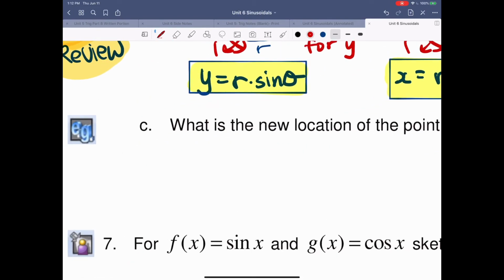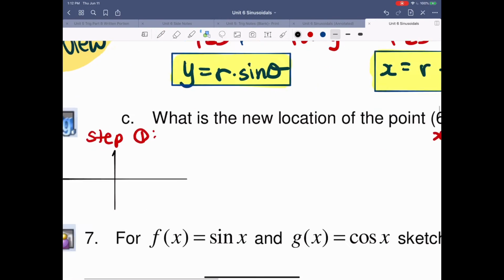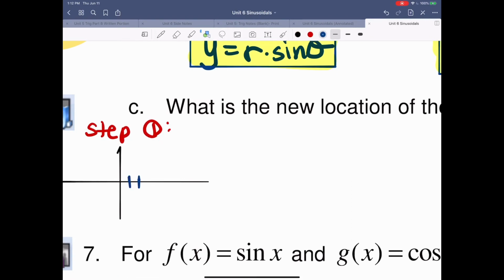So step 1, I'm going to consider what this looks like relative to a graph. I have my x and y axis, and I want to draw where (6, 0) is. Well, 6 is over here and 0 is here. So I start off there, and they're telling me I'm going up by 55 degrees.